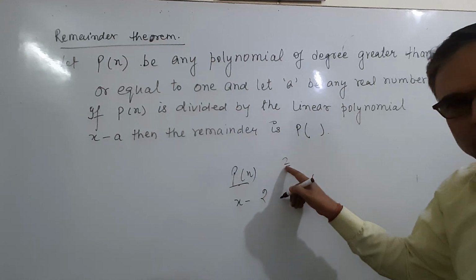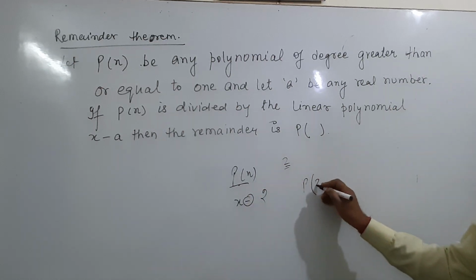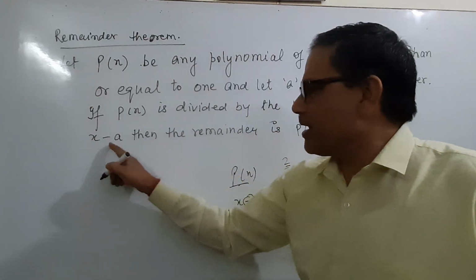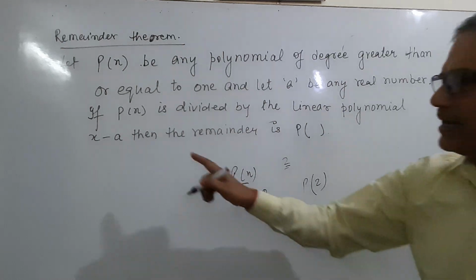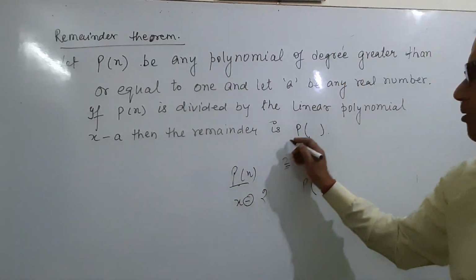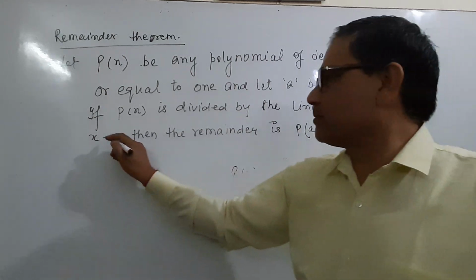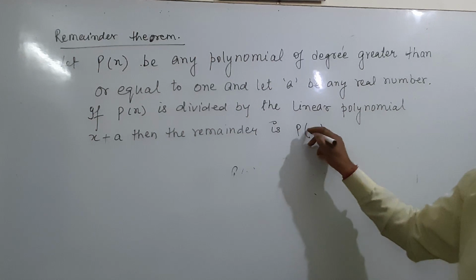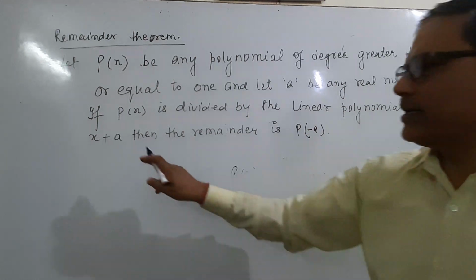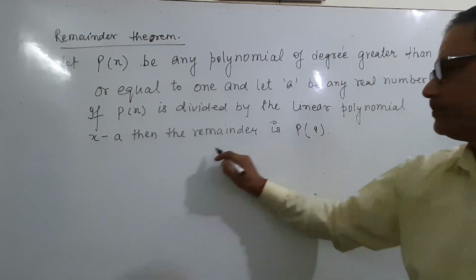Either you put 2 directly, or x minus 2 means the sign will change. Here is 2 and then x minus a. If I take plus a, then the remainder will be p of minus a. Here is minus, here will be plus.